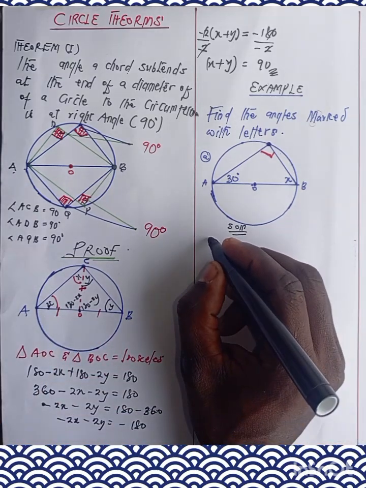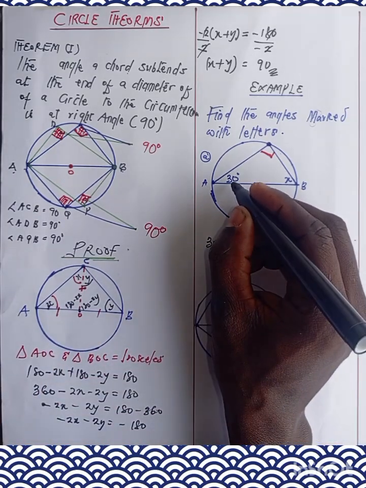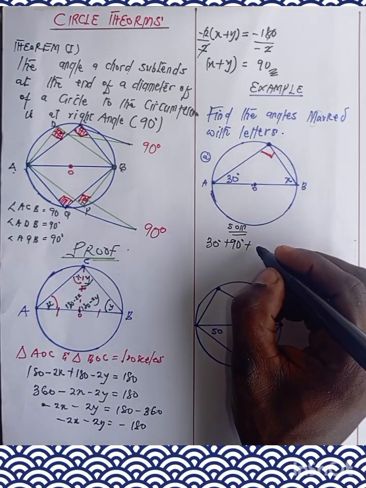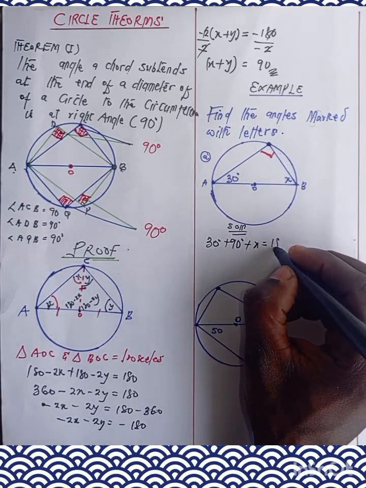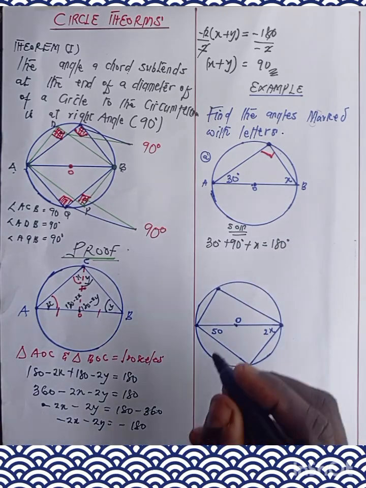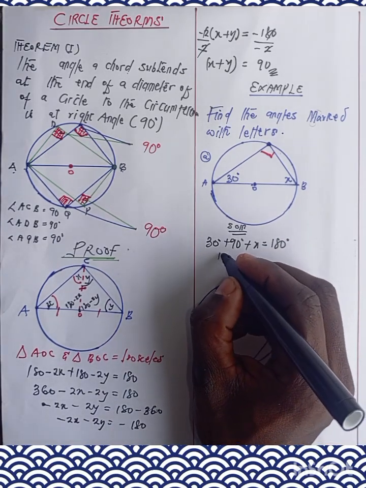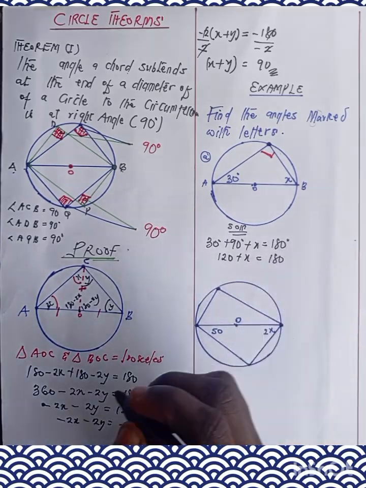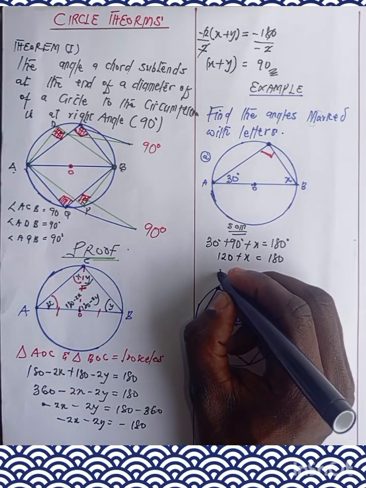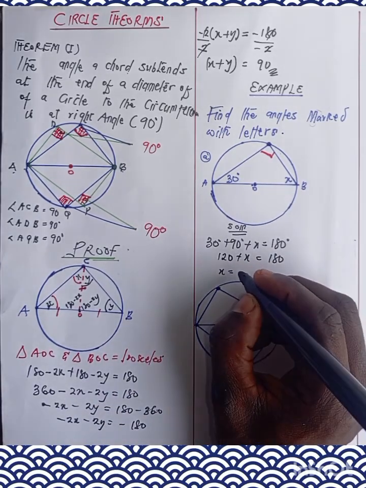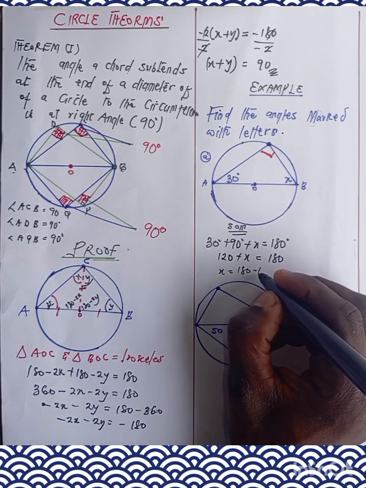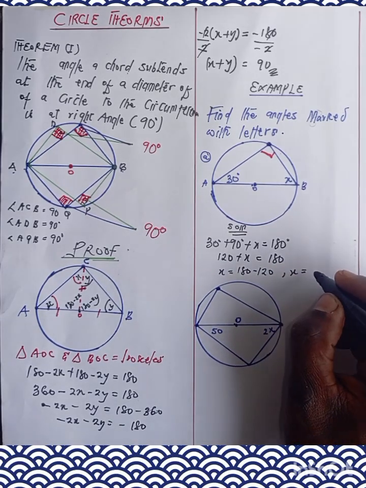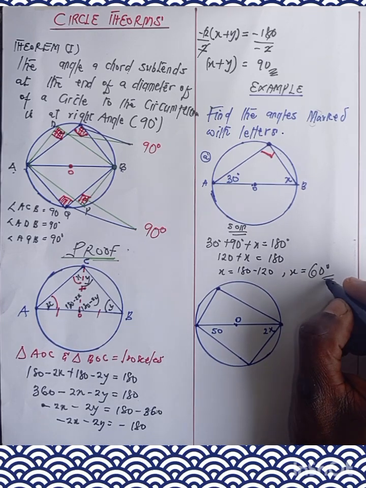So we are getting 30 degrees, which is this one, plus 90 degrees plus x is equal to the sum of interior angles of a triangle. 30 plus 90 is 120, so 120 plus x is equal to 180. So we are getting x is equal to 180 minus 120, and therefore our x is equal to 60 degrees. Very, very simple.